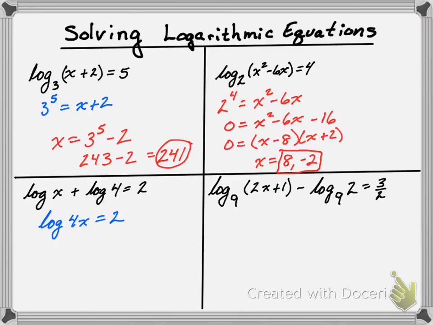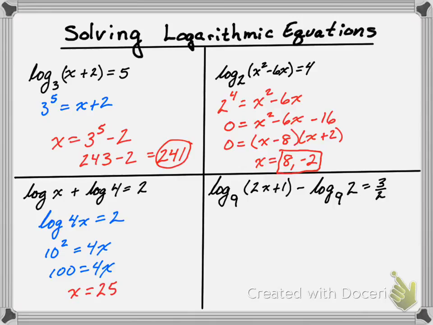Now it's down to a logarithmic equation, and this log has a base value of 10, so we can convert to an exponential. This would be 10 raised to the 2nd power equals 4x. 10 squared is 100, and dividing by 4 will give us x is equal to 25.